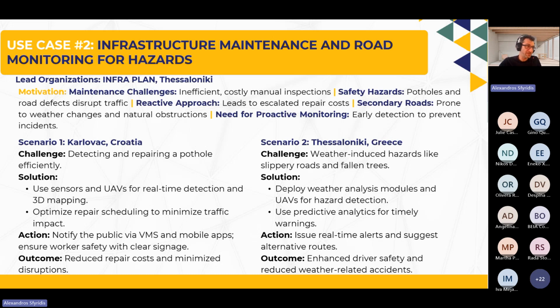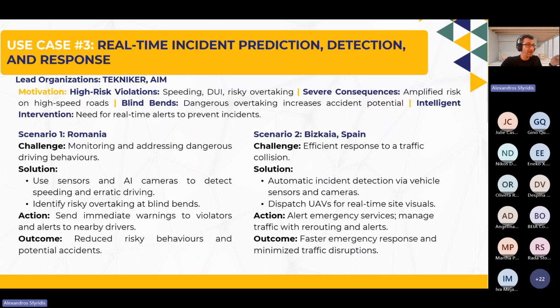So essentially, the first scenario is more focused on infrastructure repair operations, and the second one is mostly focused on safety interventions, considering weather conditions. So then we have use case 3. Real-time incident prediction, detection, and response. So overall, this use case aims at enhancing road safety.